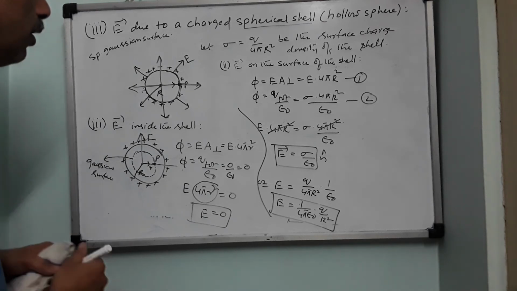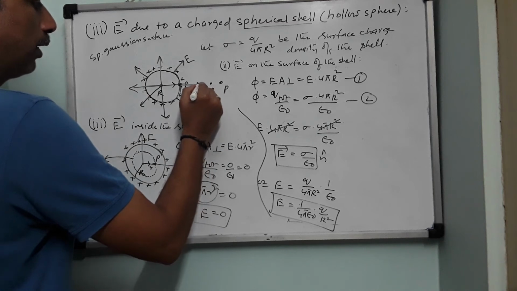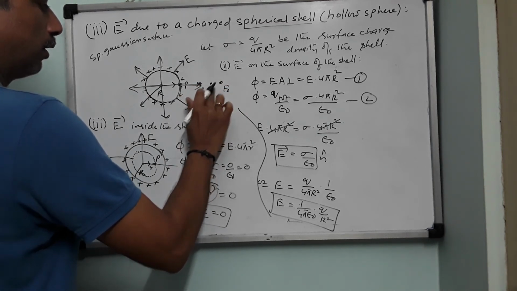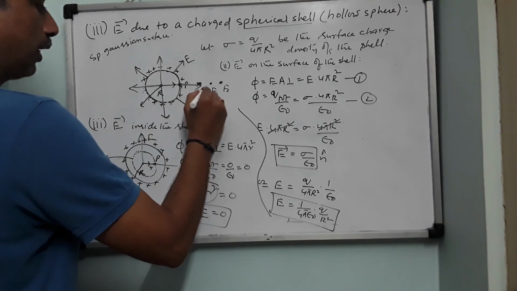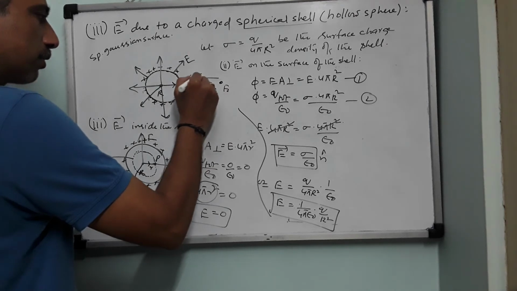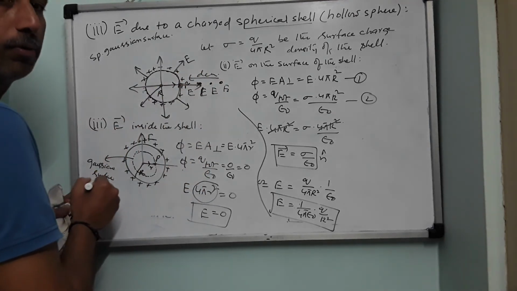From here you have electric field E, here also electric field E, and so on. This field gradually decreases, and it has electric field at this point also.